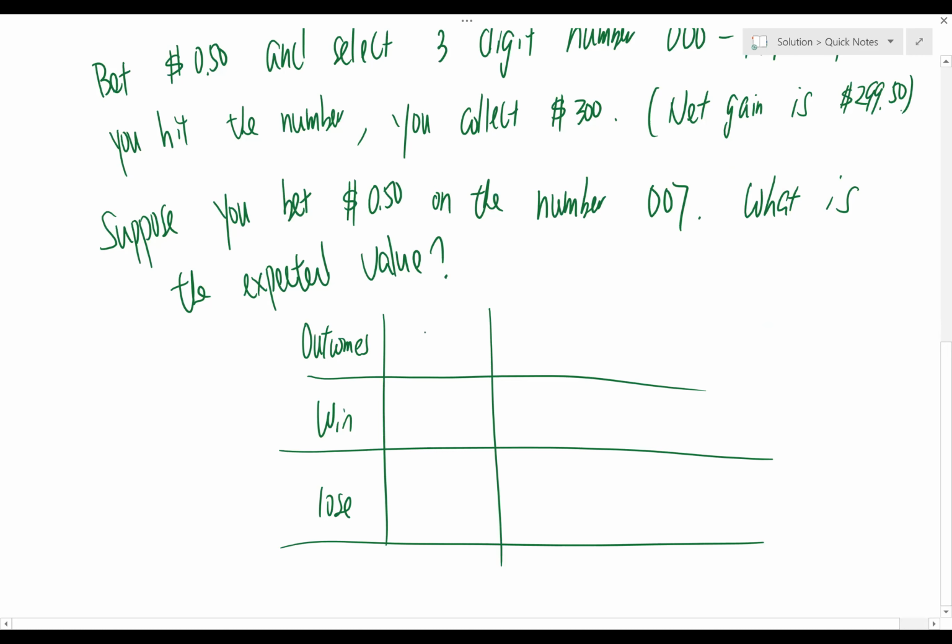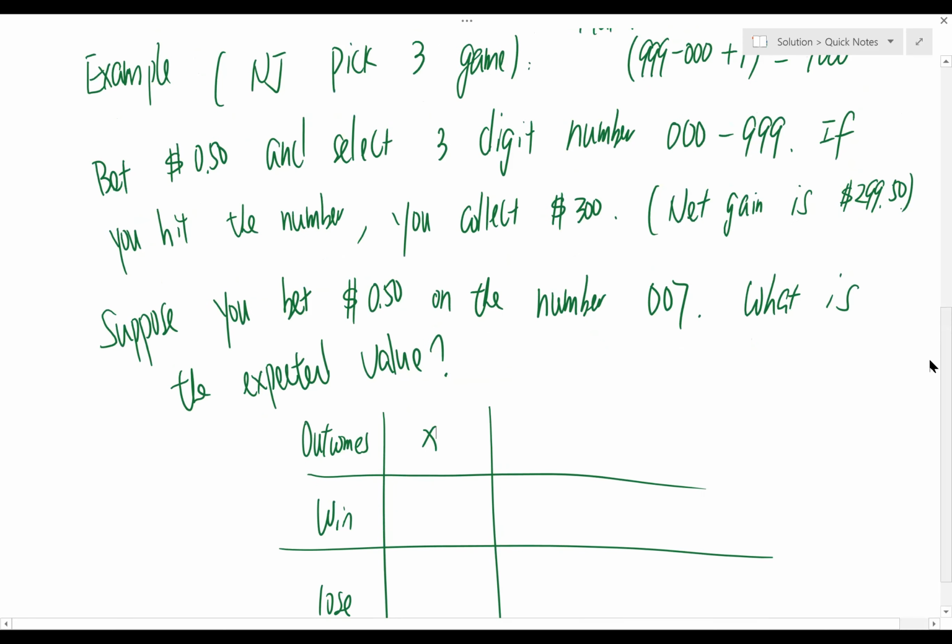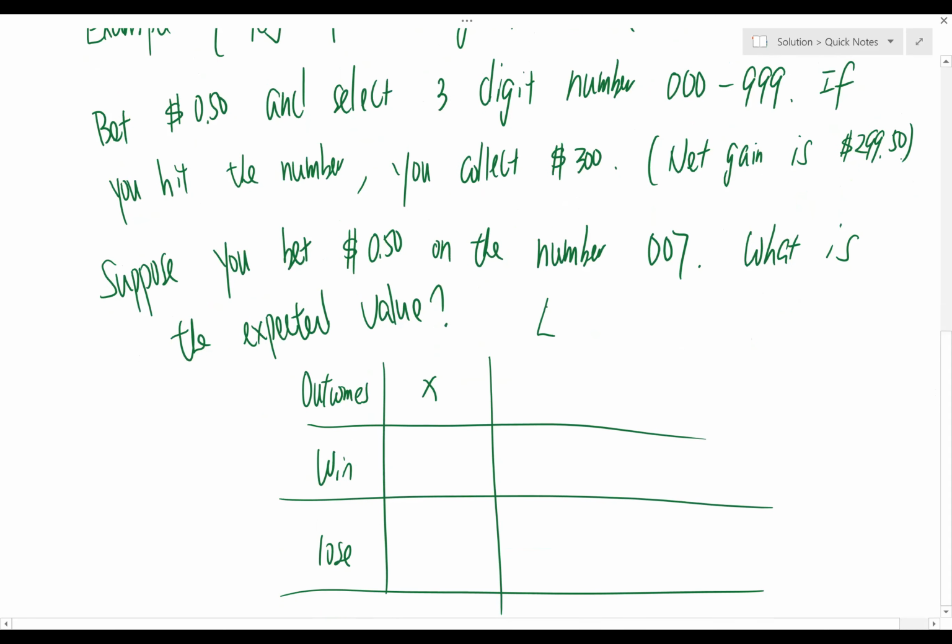If you win, actually, I forgot to show you the formula for the expected value. Expected value is written using mu of x. It's the expected value of the discrete random variable x, the average return or average value of all outcomes.